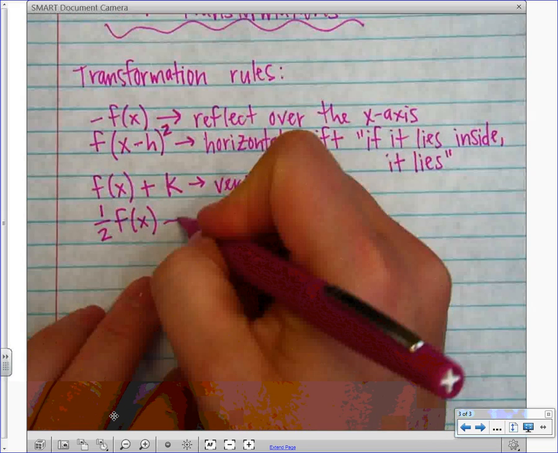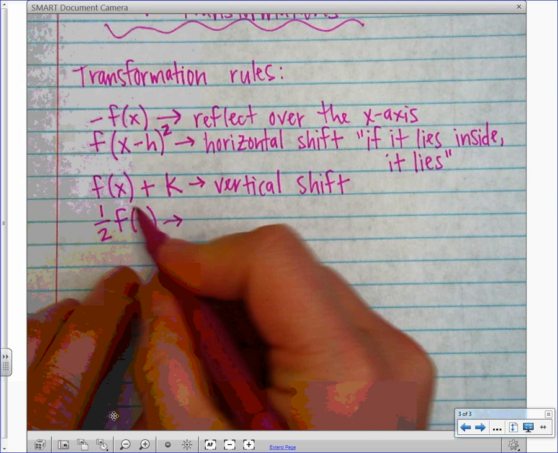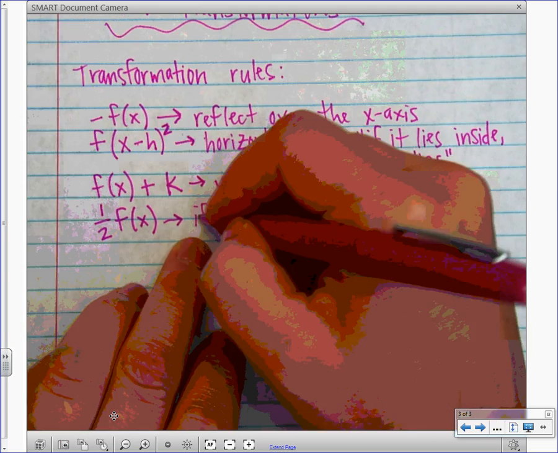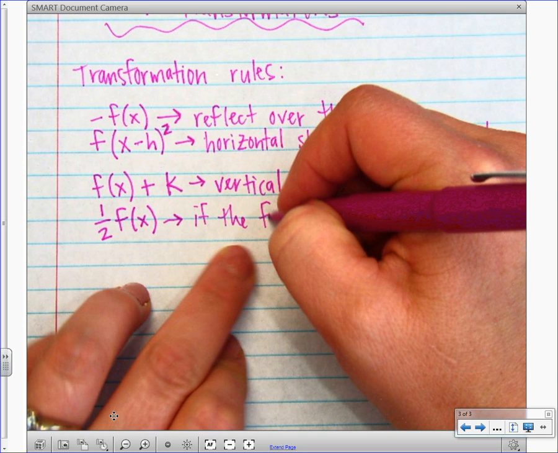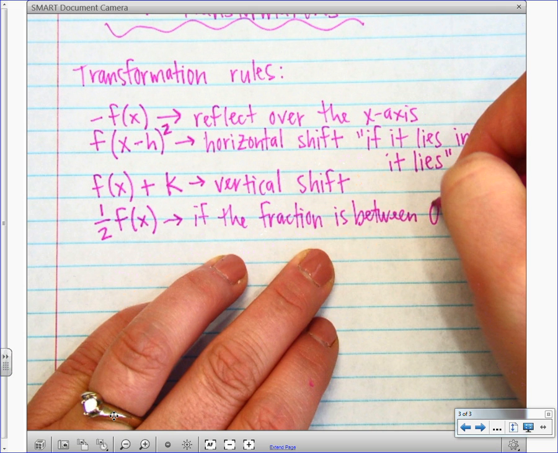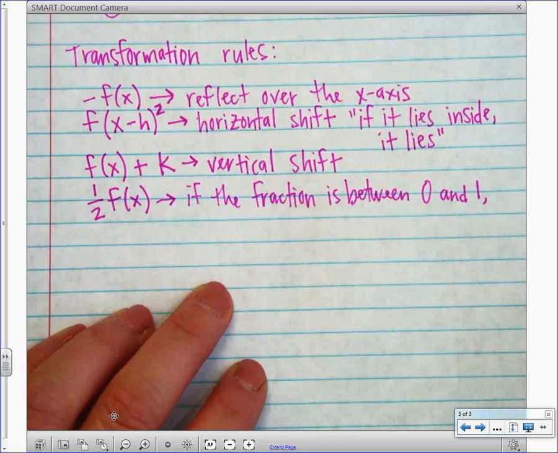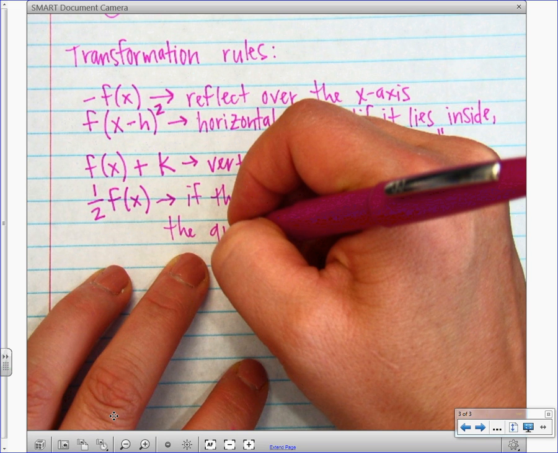If you have a fraction multiplying to your x, or to the operation symbol, if the fraction is 0, the graph, we can say, gets wider, or something like that, it'll get less steep. Say if it's a line, or like the square root one.